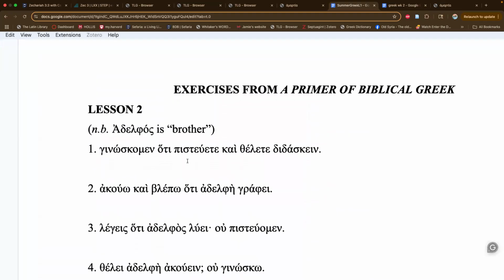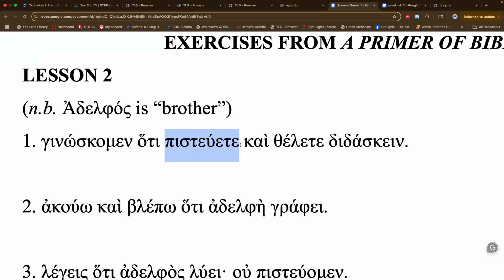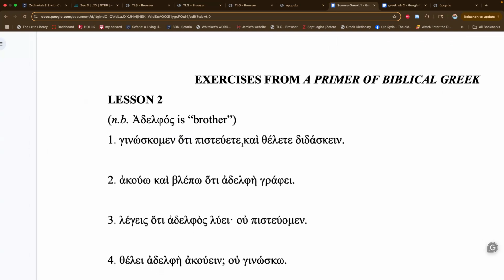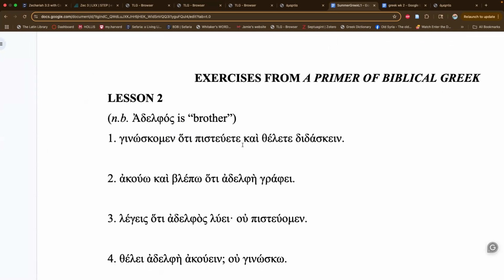Does anyone remember what pisteuo means? I didn't have a good example for it. Pisteuo means to believe. So when you have ete, this is also like the Romance languages, like Latin. Ete is you plural. So ginoskomen hoti, we know that. Pisteuete is you believe, and then kai is the conjunction.